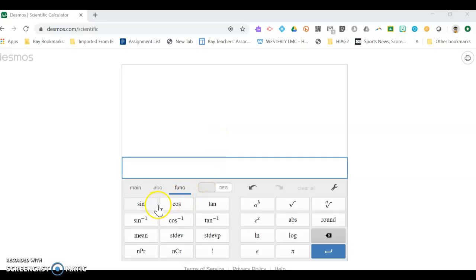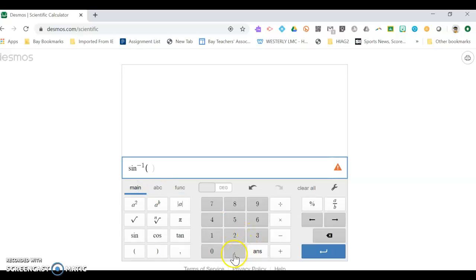And if we look, we have sine, cosine, and tangent again. But then underneath, when we press that function button, we have sine -1, cosine -1, and tan -1. Anytime we see this -1 function, that is talking about the inverse. So because we're trying to find the sine of what gets me 0.0872, we are going to push sine -1, or on your TI-83 or whatever calculator, second sine, and then you put in the value that we have, which is 0.0872.